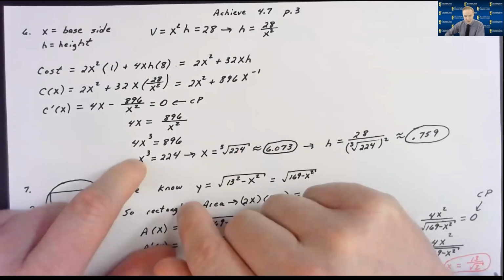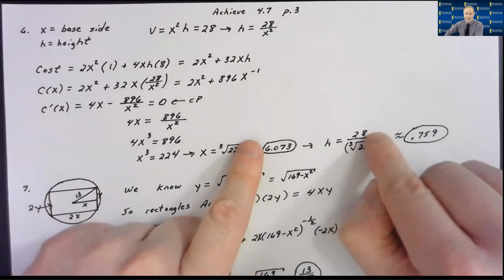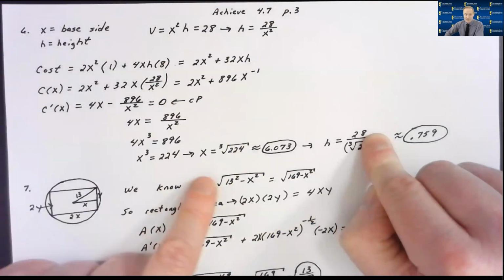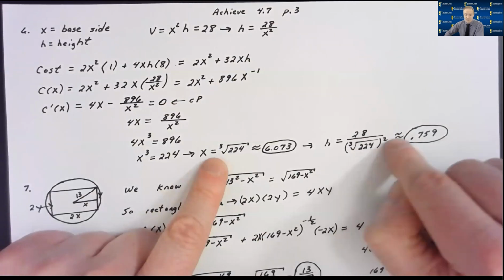The height, and you would expect the height to be very small here because the area for the sides costs 8 times the cost of the top and bottom. So we were expecting it to be a very short box, and sure enough, it is. You can say the height is going to just be 28 divided by x squared. So I just said, well, that's 28 divided by the cube root of 224 squared.